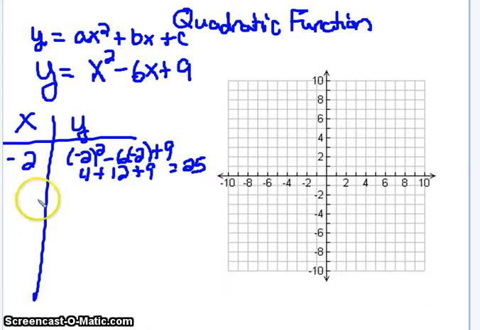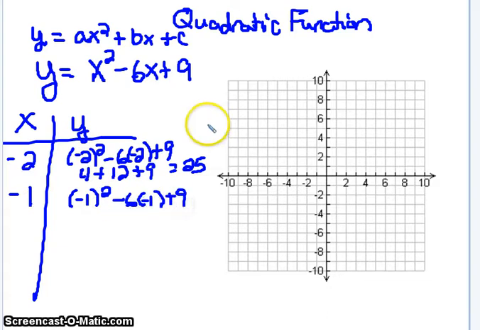So my first coordinate was negative 2, 25. If I plug in negative 1, then I get negative 1 squared minus 6 times negative 1 plus 9. Can't show that.